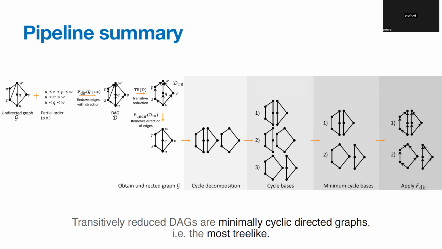So this is something we wanted to explore a bit more, the effect of transitive reduction, but we didn't really have time yet, because there's also a relationship between the cycle basis of all these and homology and persistent homology.